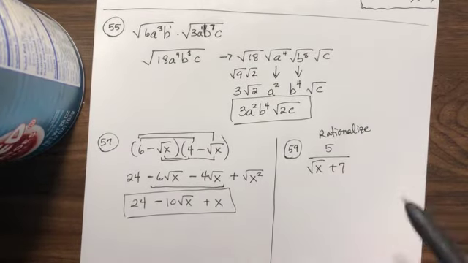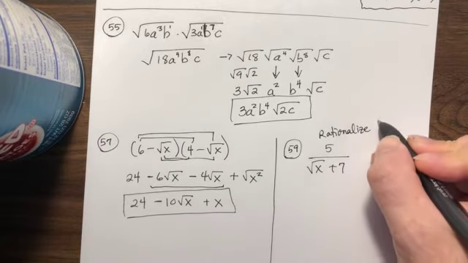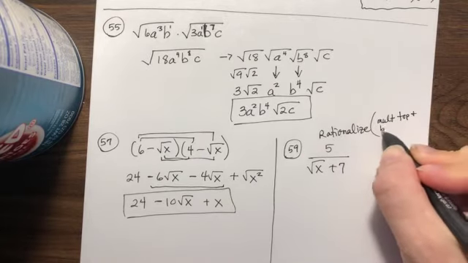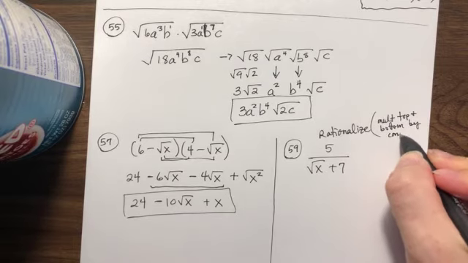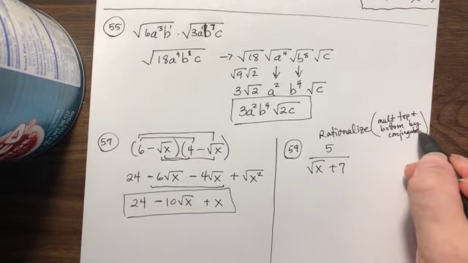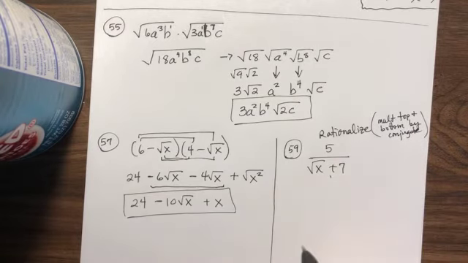You have to remember what to do. And rationalize just means multiply top and bottom by the conjugate. If you want to look in your notes for conjugate, you can, or I can just tell you it's the same terms but change the sign.